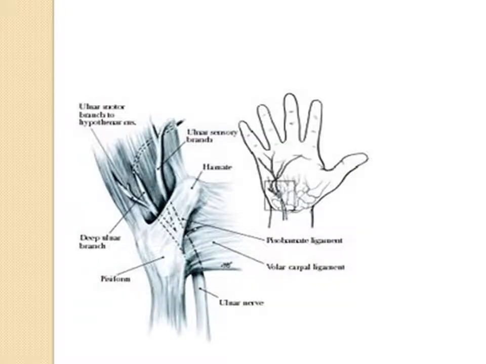Also in your handout materials, I have an excellent image that demonstrates the bifurcation of the ulnar nerve within the Tunnel of Guyon, and it divides into the more ulnar located superficial branch and the more radial located motor branch.